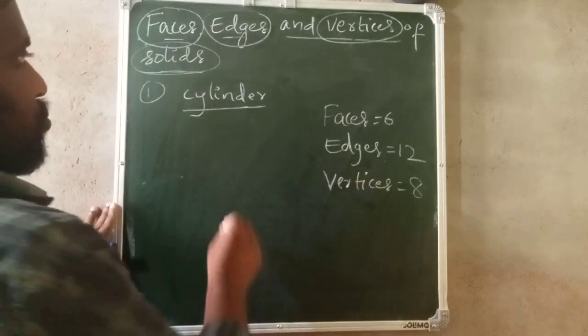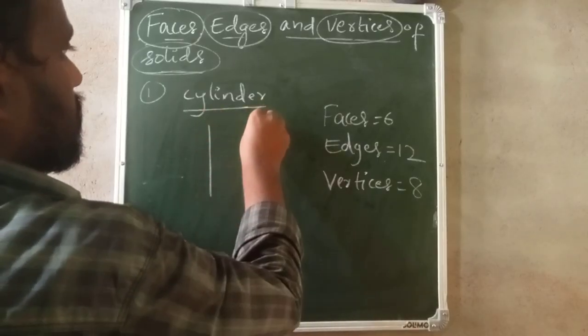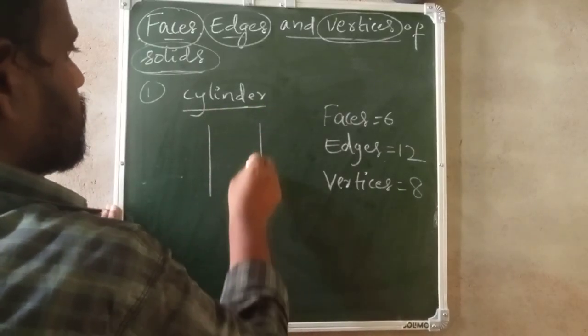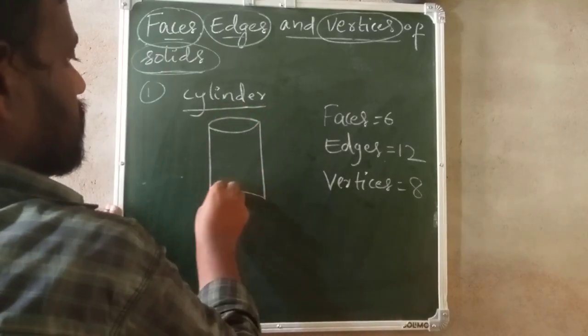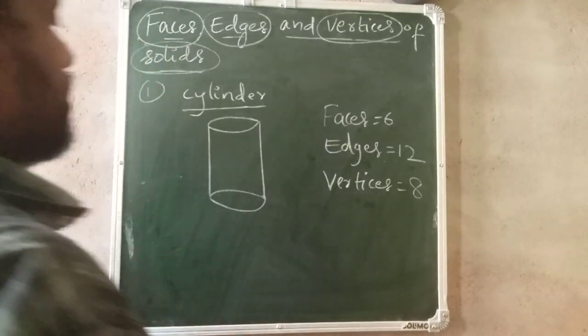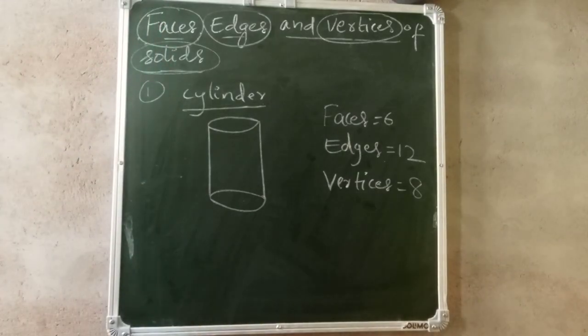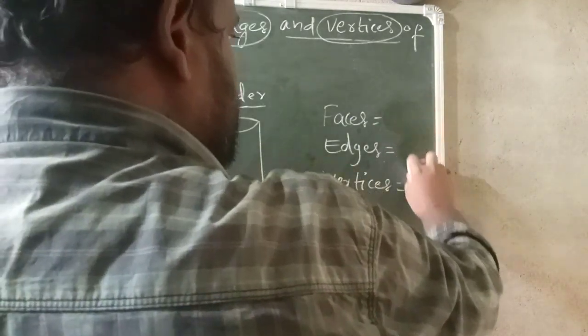So first I will draw the figure of the cylinder. Cylinder means it looks like this. So this is cylinder. Okay. For cylinder, faces and edges will change. I will just erase, sorry, rub the numbers.